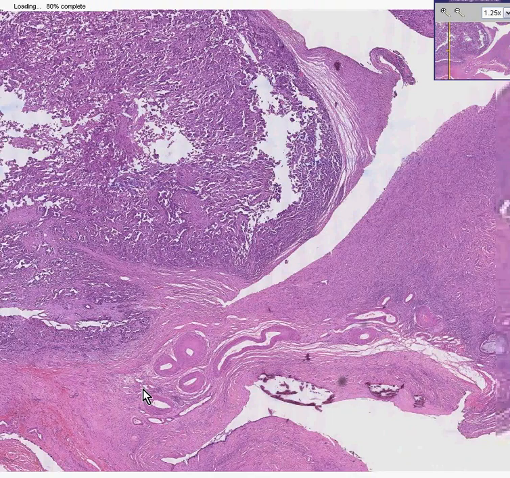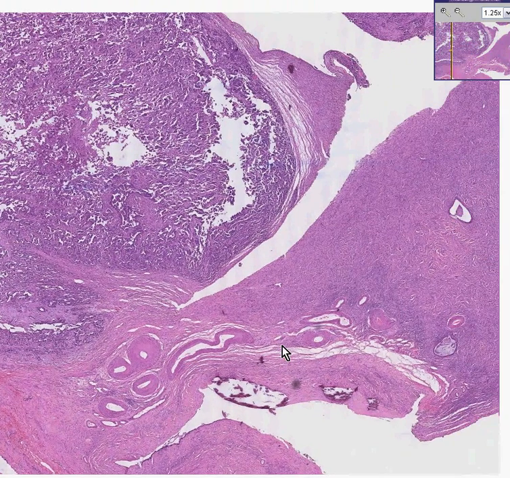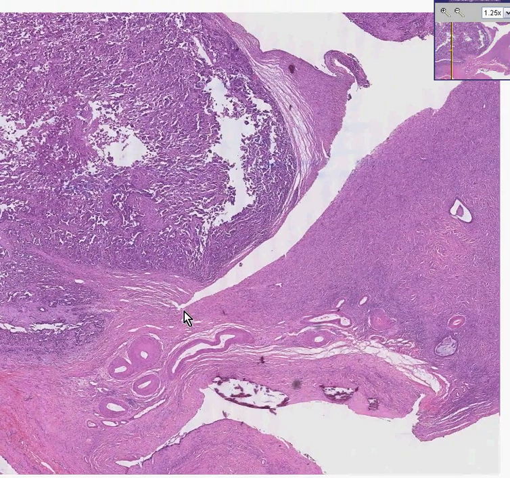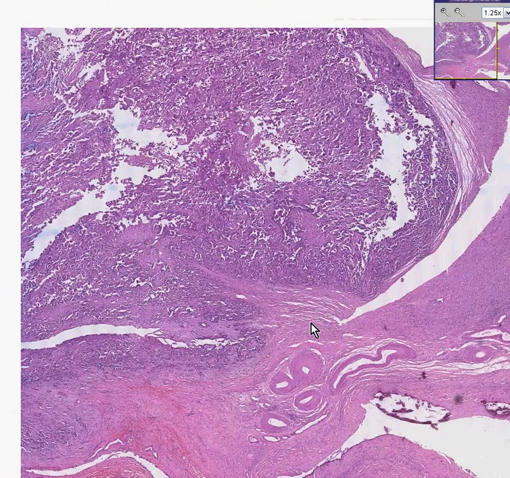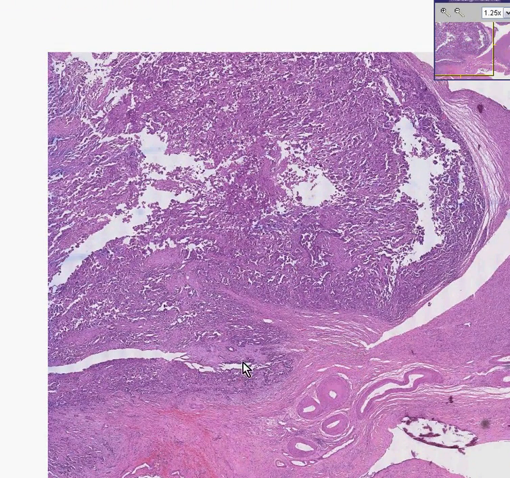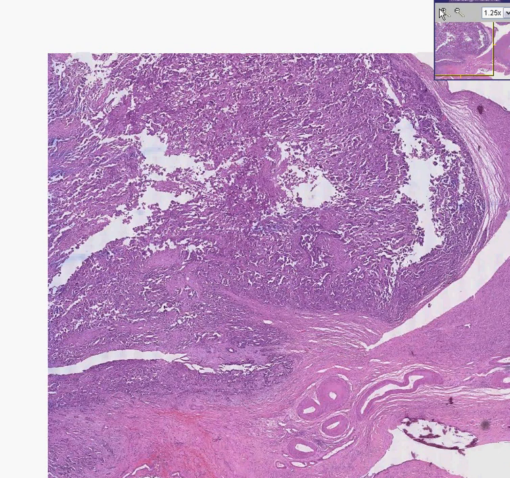You can see some big, thick blood vessels, and then you could see in it is a tumor, which appears to be fairly well encapsulated here, but appears to invade into the fibrous tissue here.